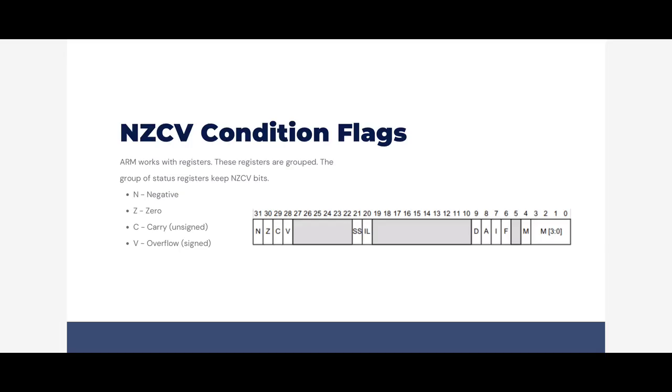And for overflow, in the case of signed integers or signed numbers, there is the V flag which can arise. NZCV condition flags are important for comparison operations, and we'll see that in upcoming slides.